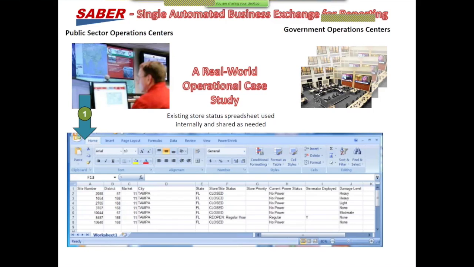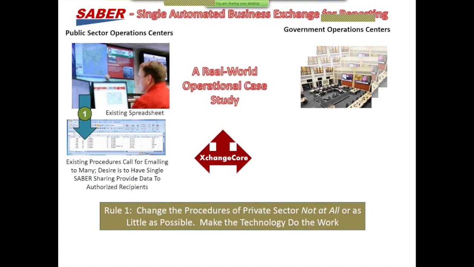This first step is, in fact, the simple way. It's the spreadsheet that a retail organization is currently using, and that is available in their operations center. That existing spreadsheet in the past was emailed to lots and lots of different places.